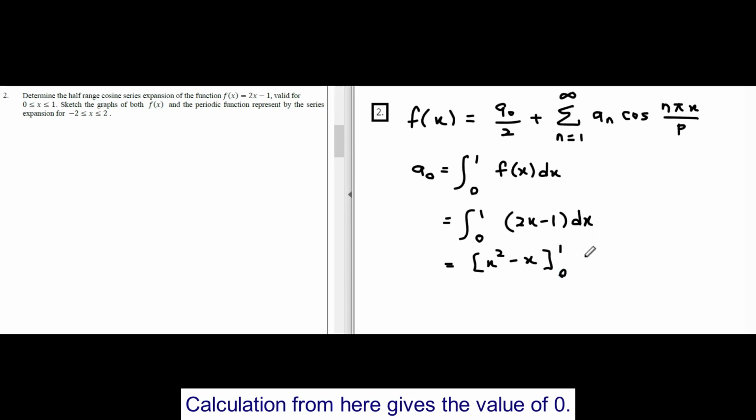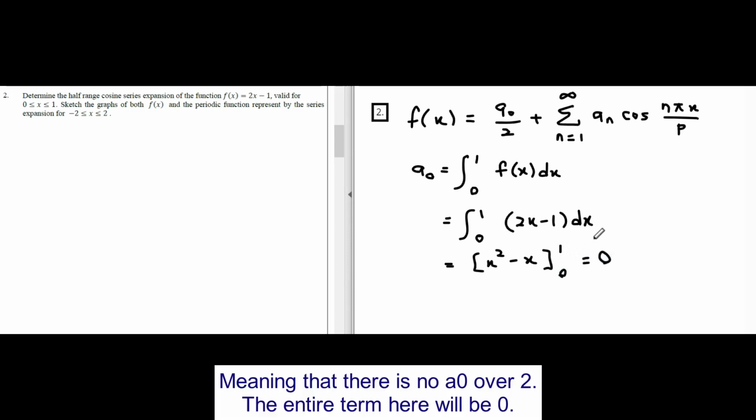So calculation from here gives the value of 0. So meaning that there's no A0 over 2. The entire term here will be 0.